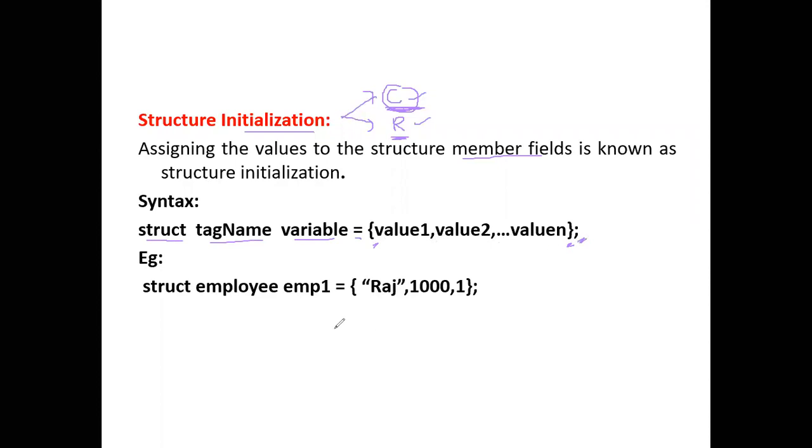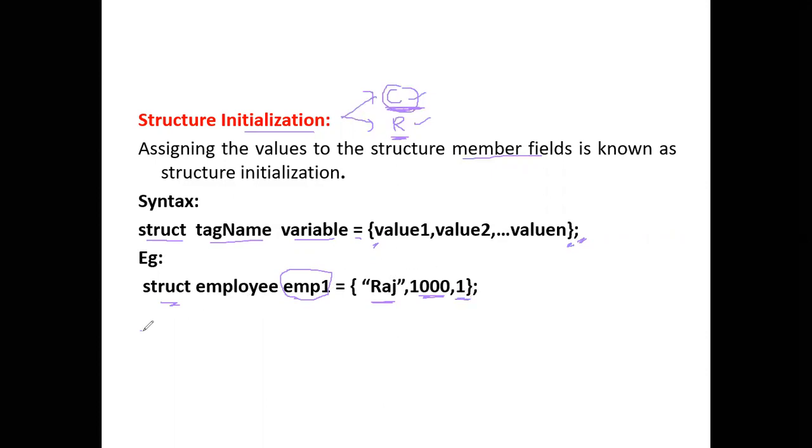Here we have initialized the values for the variable m1. m1 has three values. The member fields are: for name we give the value Raj, for salary the value 1000, and for employee number the value 1.